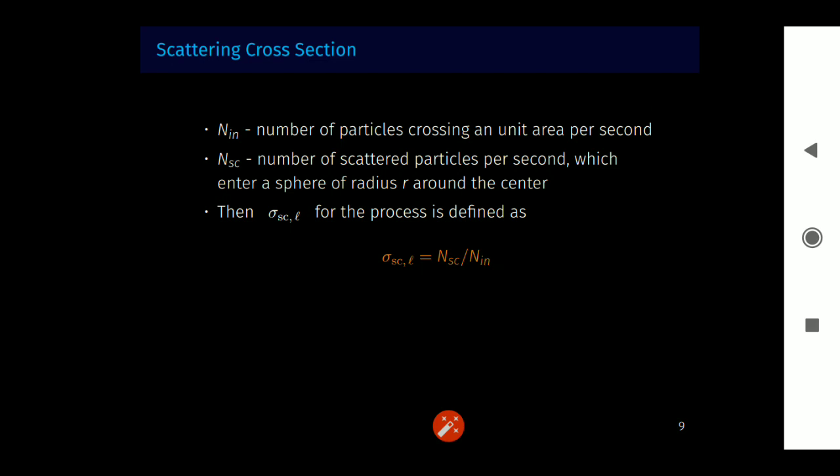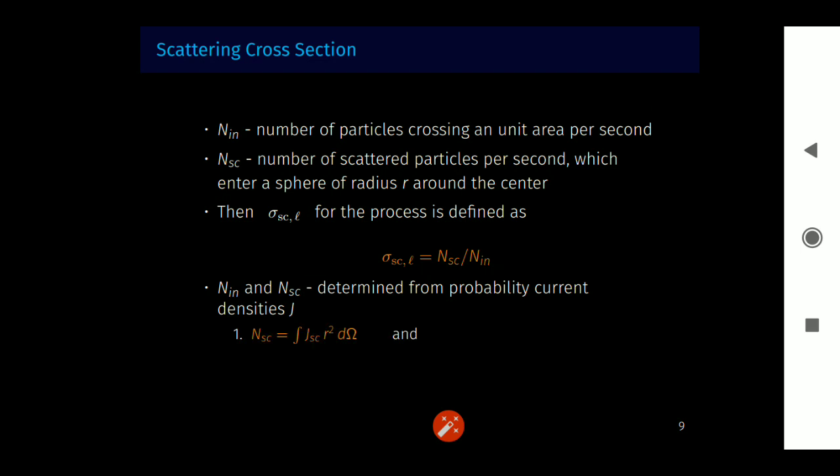How do you determine N scattered and N incident? Basically, N scattered and N incident are the flux of the scattered particles and the flux of the incident particles respectively. That can be represented classically in one manner and quantum mechanically in a different manner. Quantum mechanically, those fluxes are determined from the probability current densities, denoted as J, and they are defined like this.